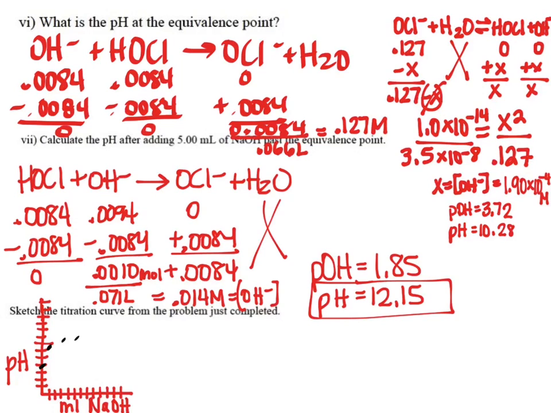So at 35, after 5, 10, 15, 20, 25, 35, we are at 8.15. And then at the equivalence point at 42, we are at 10.28.